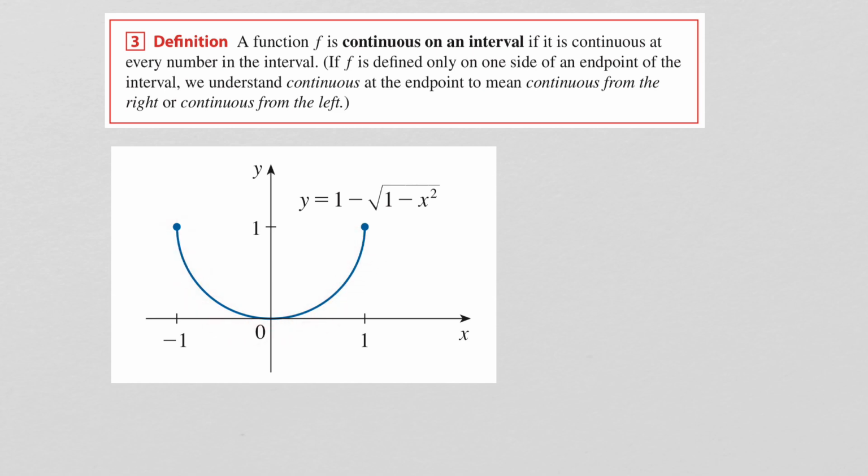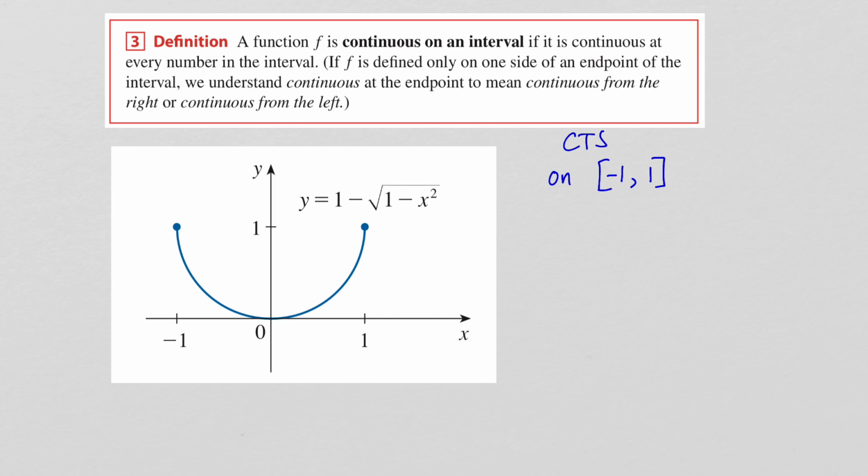So this function is only defined on an interval from x equals -1 to x equals +1. And we can see clearly this function is continuous because I can graph this function starting here all the way over to the other side without lifting my pencil off the paper. So this function is continuous on that interval.